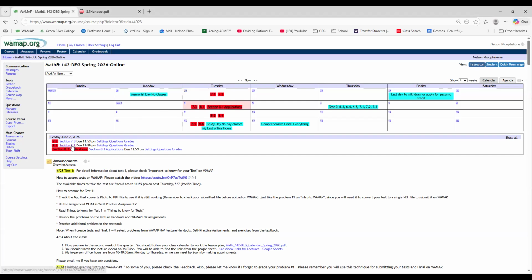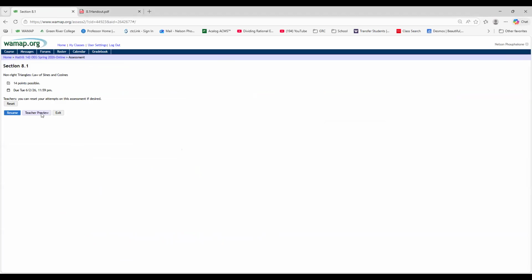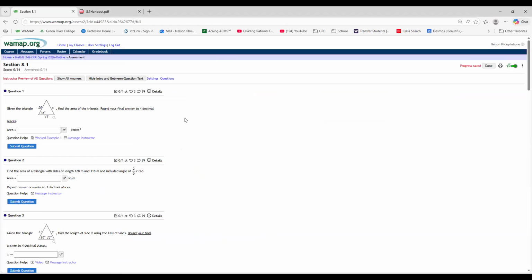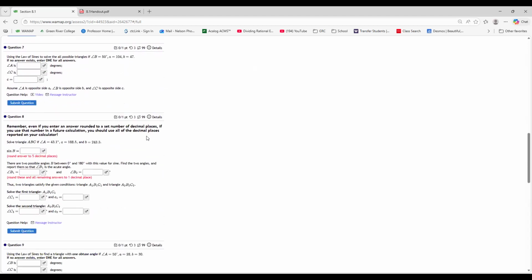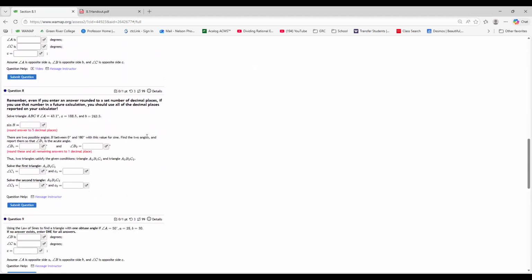And then if you check out the homework assignment 8.1, okay, you will see that for problem number 8 right here, the problem will ask you to find the angle A sub 1 and also angle B sub 1 and angle B sub 2.